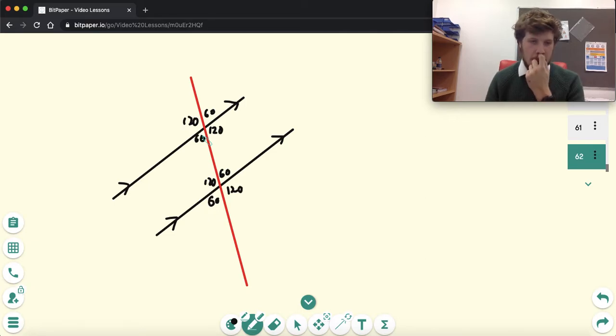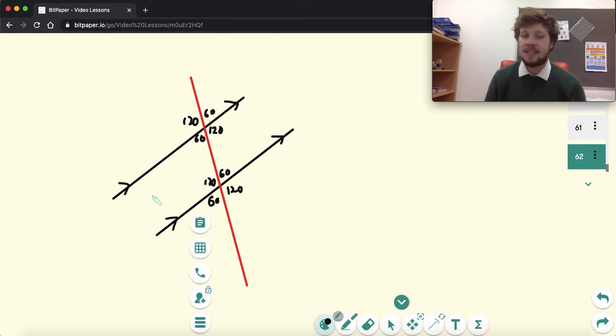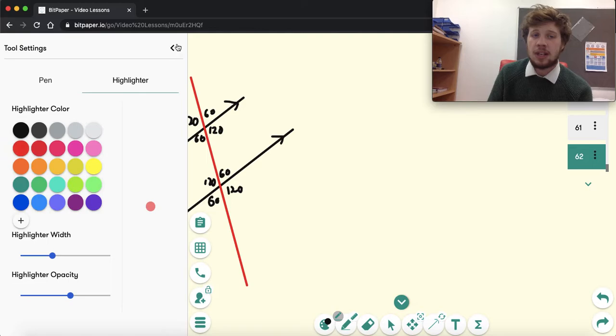To start off with though, I need to actually be able to indicate an angle, because if I say at the moment, look at angle 120, you'll be like, oh, is it this one up here, this one, or this one? We don't have a way of indicating that, so I'm going to label on top.